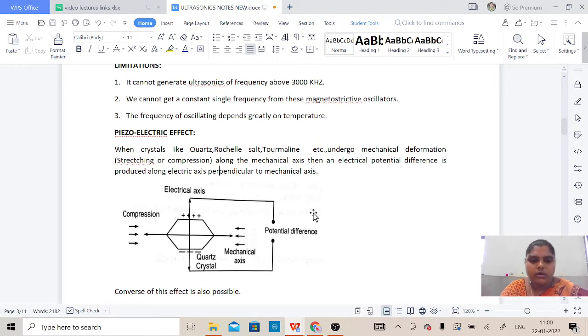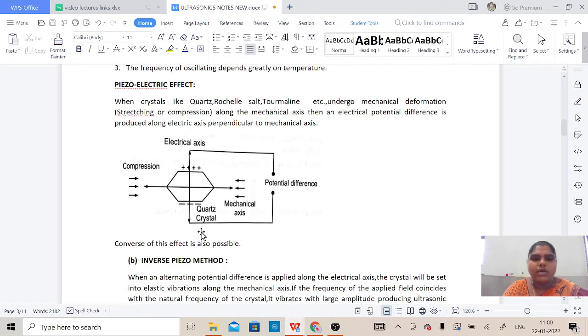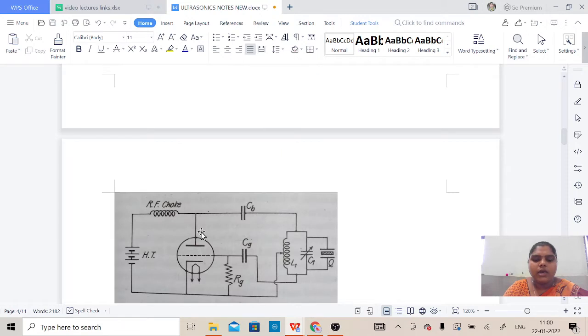See what is happening here. Whenever deformation occurs along the mechanical axis, the electrical potential difference is generated perpendicular to it.